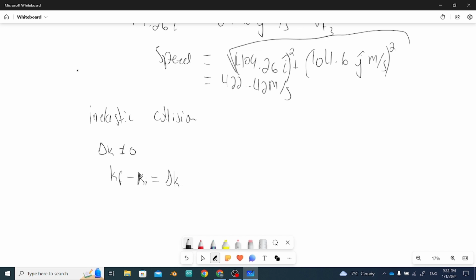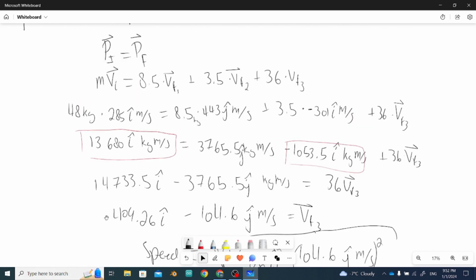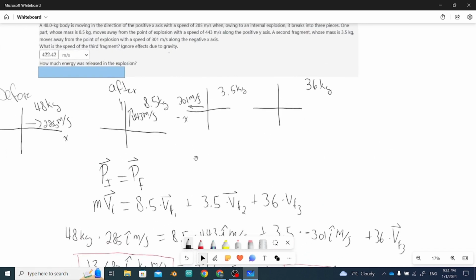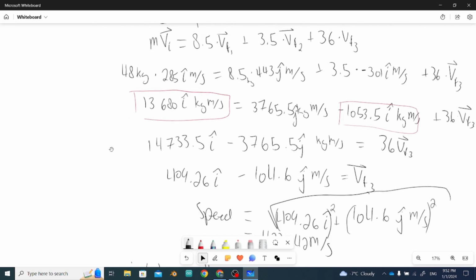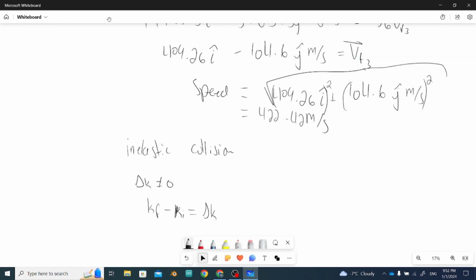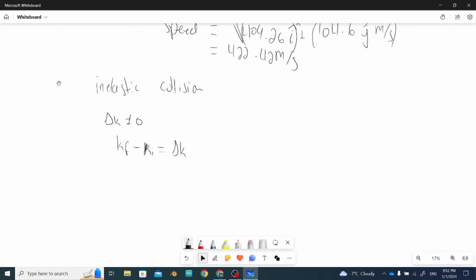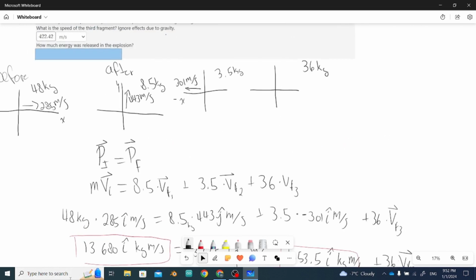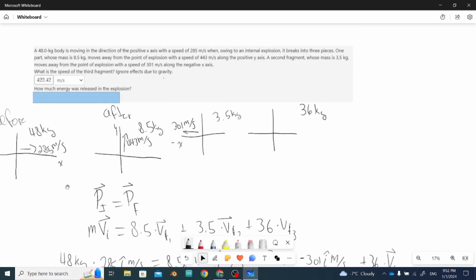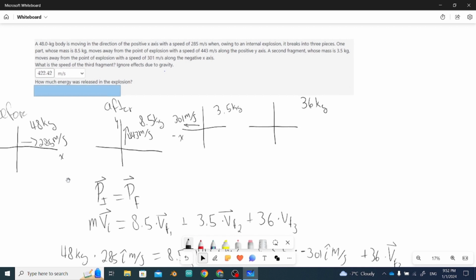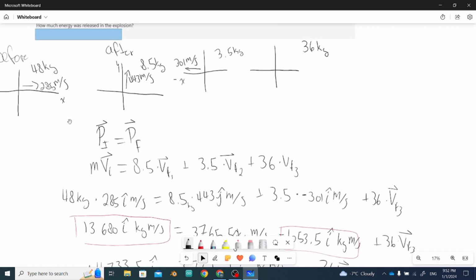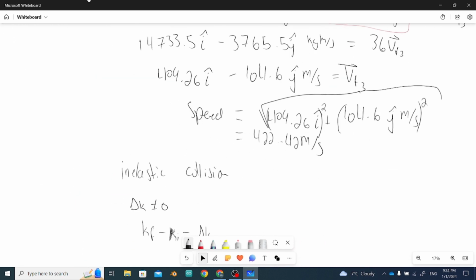So let's find the final kinetic energy. To do that, we add up all the individual kinetic energies of all the three different parts. There is the 8.5 at 443.